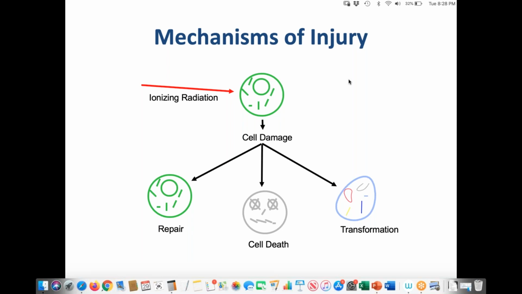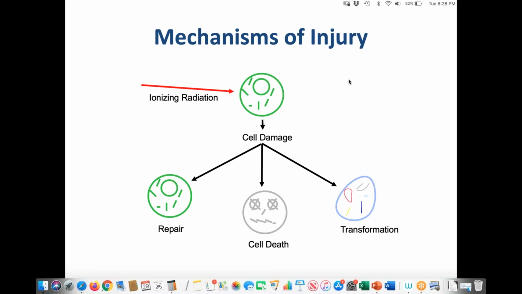For the most part, when radiation takes place over a long period of time at a relatively low level, we either have cells repairing themselves or dying. And in fact, if they die at a small enough rate, it's not a big deal. What can happen occasionally, especially as the dosage increases or if it's radiation exposure over a shorter period of time, you can have more cell death, and occasionally you can have transformation.